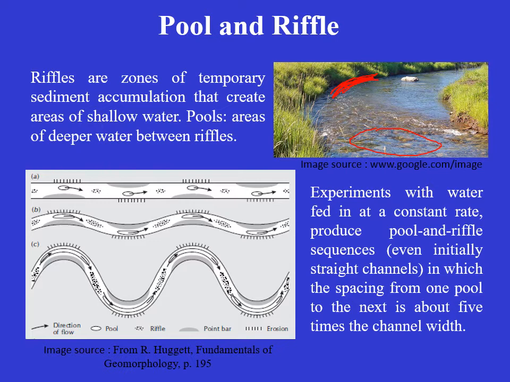Here you can see these portions are the places of formation of pools, and these are the shallower parts, formation of riffles. And it was noted that the distance between one pool to the next, or in other terms from one riffle to the next riffle, is about 5 times the channel width.